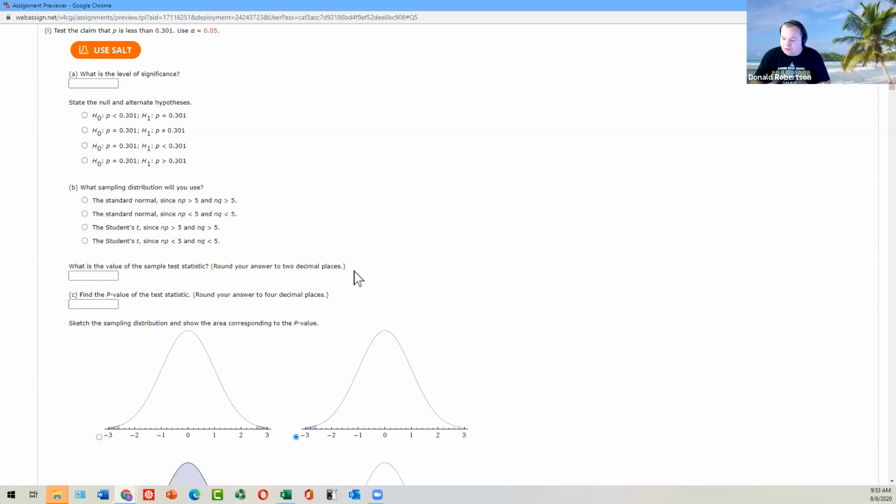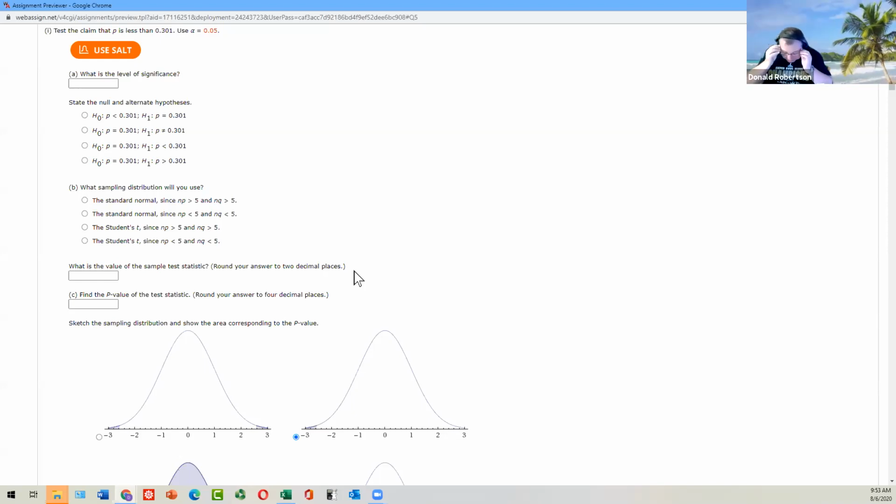It says, look, don't even try this unless your sample is big enough. They don't say the sample has to be bigger than 33 or so. They use a condition called NP and NQ. Q is the same thing as 1 minus P, by the way. So N, the size of the sample, times P should be a number greater than 5 if you're going to be able to use this. And so should NQ.